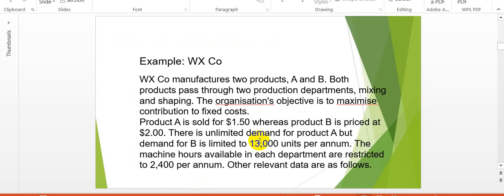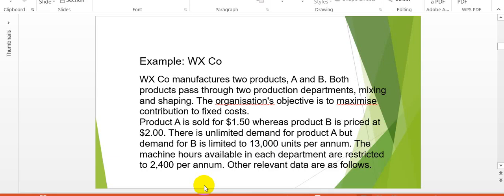So we have this example question. WCOR manufactures two products, A and B. Both these two products pass through two different departments, the mixing and the shaping. The organization's objective is to maximize contribution to fixed costs.